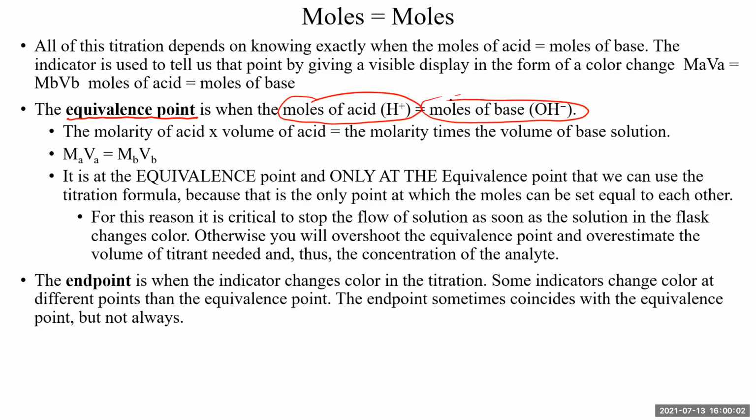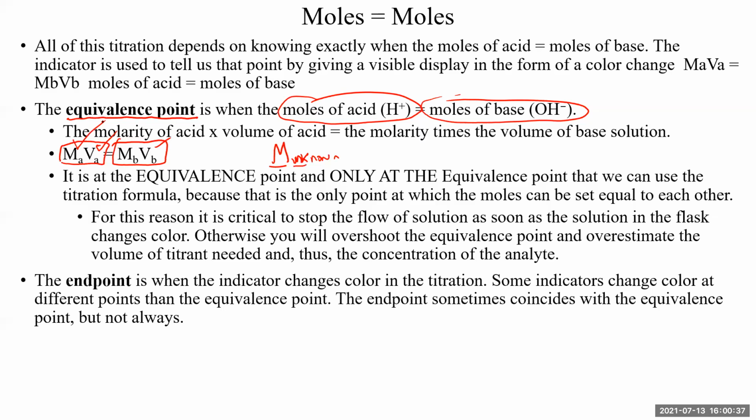And we know that when moles equals moles, molarity times volume equals moles. So molarity times volume equals molarity times volume. In a titration experiment, your goal is usually to figure out the molarity of your unknown solution. Now we're going to look at many different examples here, but your goal is to find the molarity of your unknown by finding the volume of your unknown, which you determine, luckily that's up to you, your volume of your known solution and your molarity of your known solution, which by definition are known.